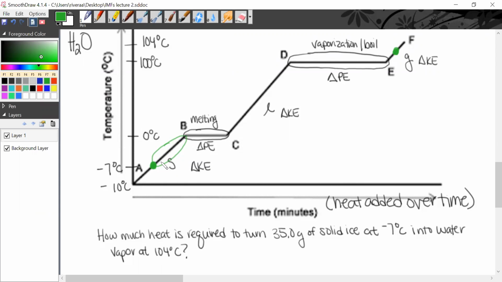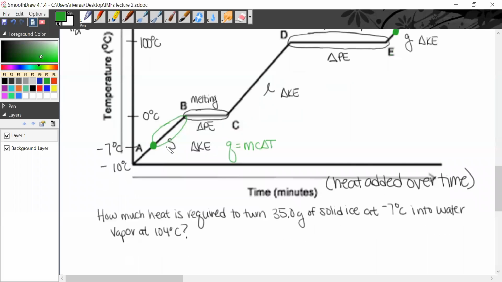Well, if I have a change in temperature, I can calculate how much heat is required to do that using Q equals MC delta T, right? If I have a change in temperature and I know how much stuff I'm trying to heat up, and I know the specific heat of that substance, I can calculate how much heat was required to warm up the ice from -7 up to 0.